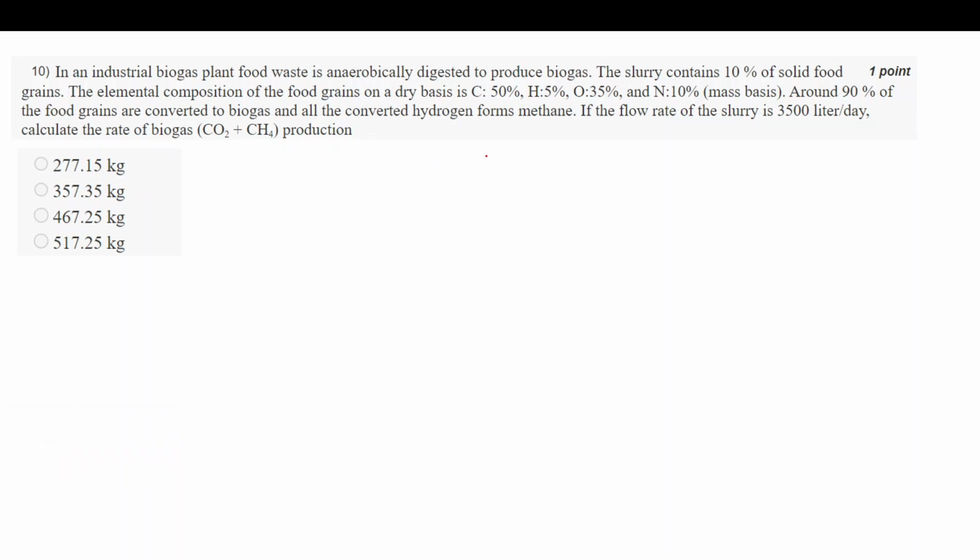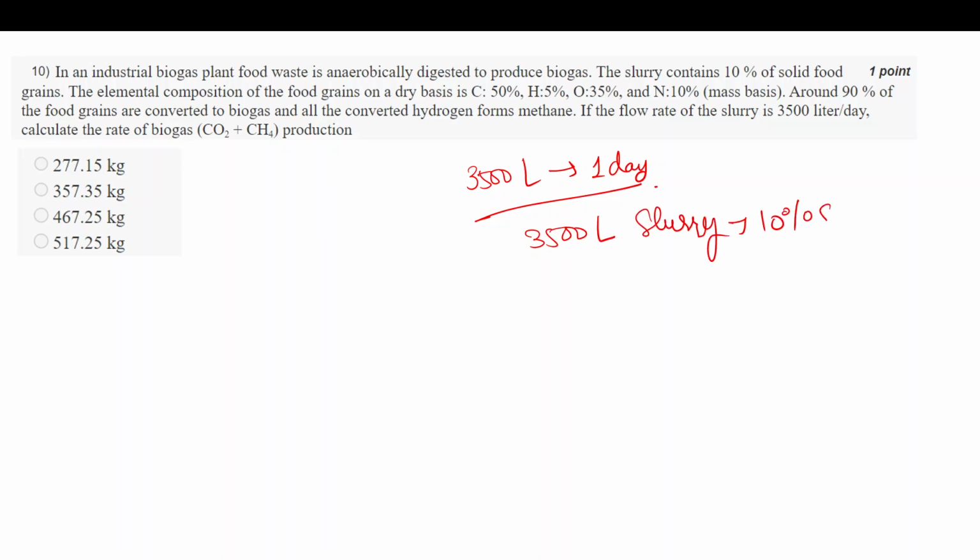The amount of slurry going inside the biogas plant is 3,500 liters in 1 day. So let's take the basis of 3,500 liters, so whatever we get will be per day. Now 3,500 liters of slurry contains 10% solid food.